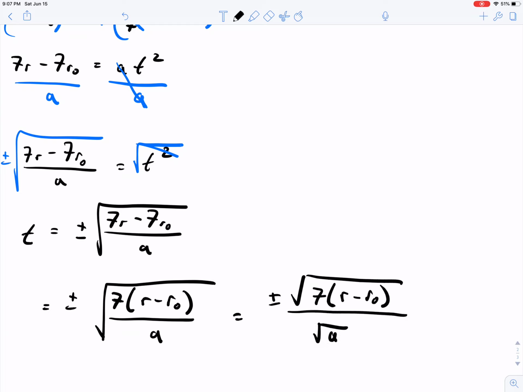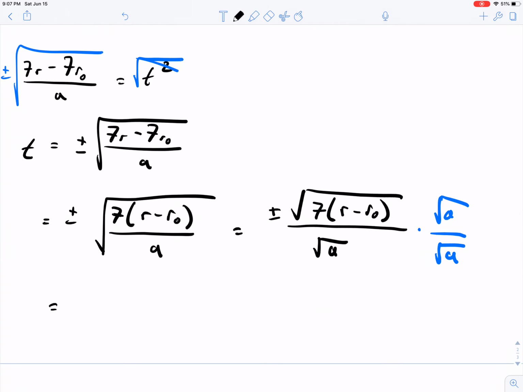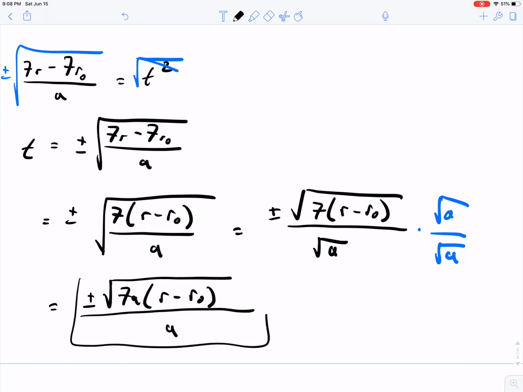We typically don't leave radicals in the denominator, so we do need to rationalize. We multiply the top and the bottom by root a, so we're multiplying by 1 in a form that removes the square root from the denominator. Then we finish with plus or minus the square root of 7a times r minus r naught, all over a. Yeah, this is fine. I think this is the same thing that they got.